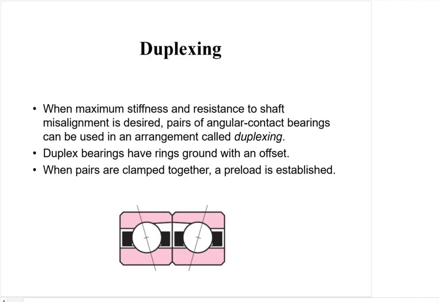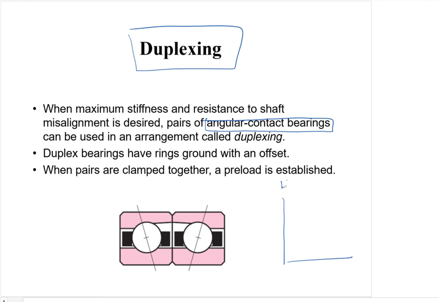Duplexing. This is very common. I mentioned this in class at some point. These are called angular contact bearings, and you basically load them up against each other. We talked about this when we talked about Hertzian contact.